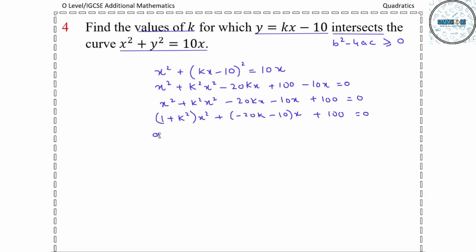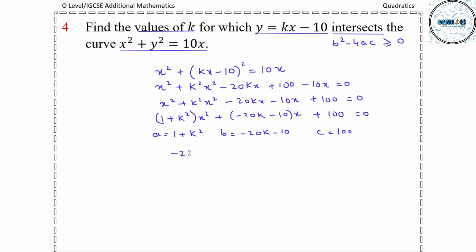Now we will write down the values of a, b, and c. A is 1 plus k square. B is minus 20k minus 10. C is 100. Now we'll substitute these values in b square minus 4ac is greater than or equal to 0.